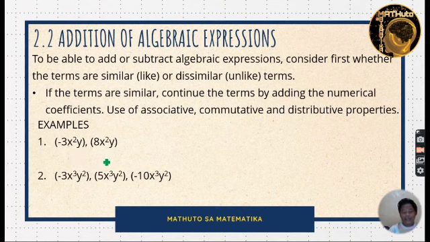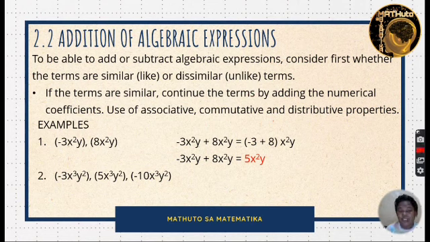Are these terms similar? Yes, since they have the same literal factors, x squared y, x squared y. After determining if they are similar terms or not similar, proceed to the rules of adding integers. So, we're going to add the numerical coefficients, negative 3 plus 8.